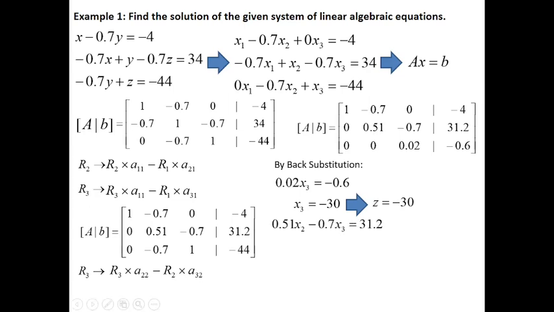So, apply natin. Second row, 0.51 x2 minus 0.7 x3. Replace x3 by negative 30. What will be our x sub 2? Alam niyo ba mag-shift solve sa calcu?